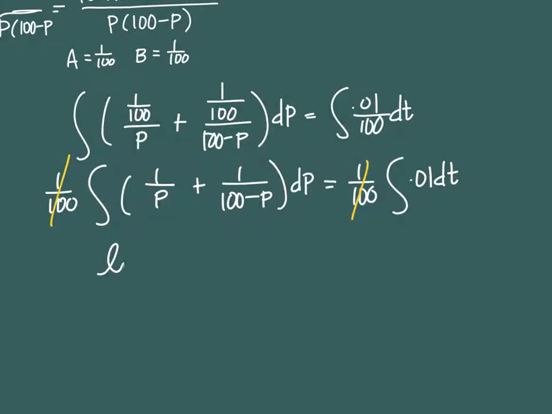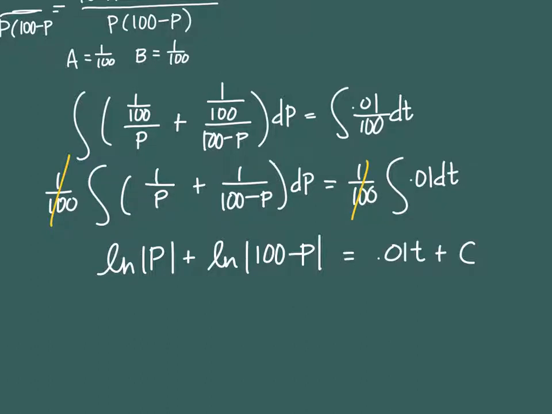So we're going to have the ln of the absolute value of P plus the ln of 100 minus P plus the constant, all equal to 0.01t plus the constant C. And now I can figure out my constant C because I know my initial condition.